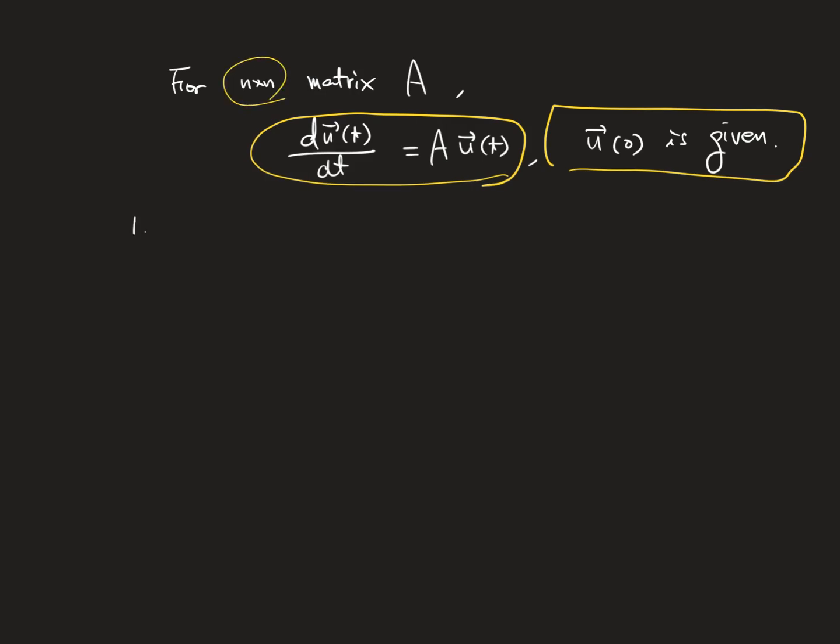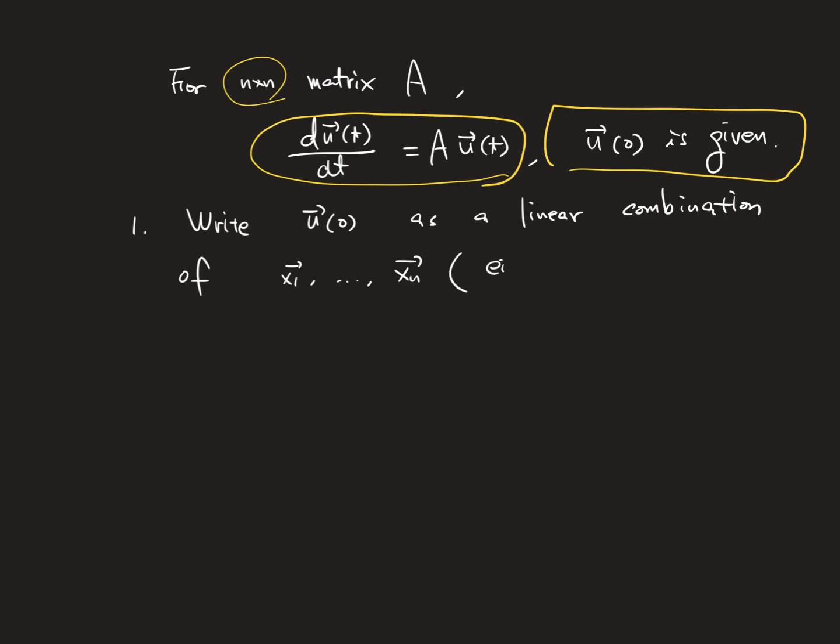First, we need to write the initial condition vector as a linear combination of eigenvectors x1 to xn, the eigenvectors of A. This process is always necessary, and then we find the coefficients c1, c2, up to cn.